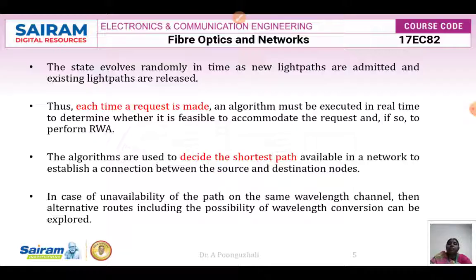The algorithm will decide the shortest path between the source and the destination node so that a connection can be established in the network. If a path is not available on the same wavelength channel, then alternative routes are considered, so that the possibility of wavelength conversion can also be included in the optical networks.